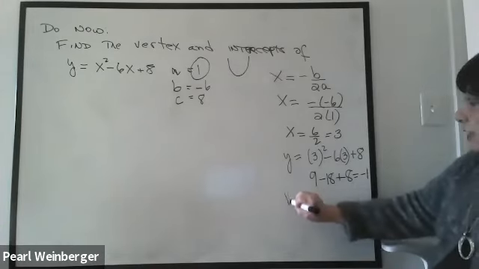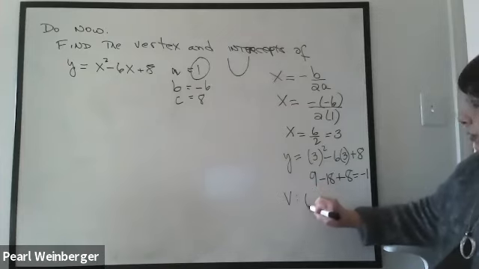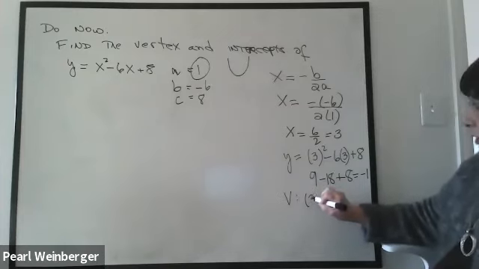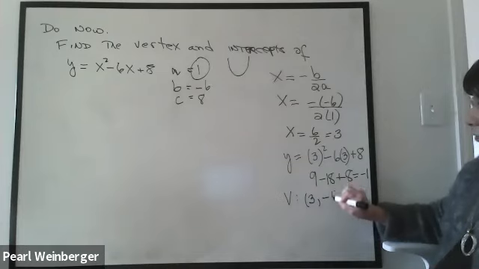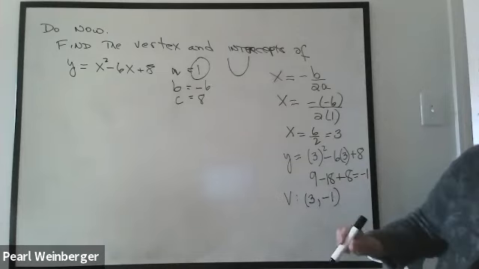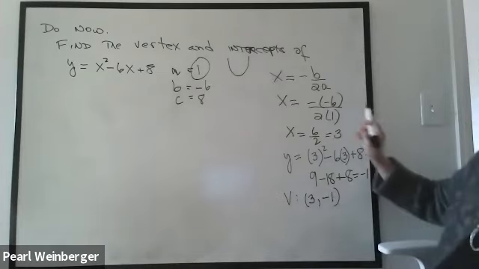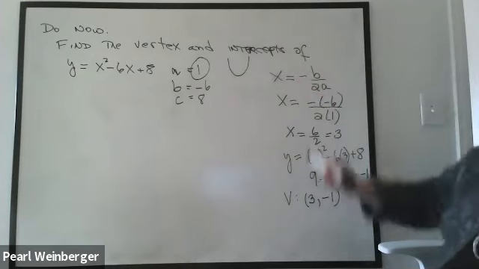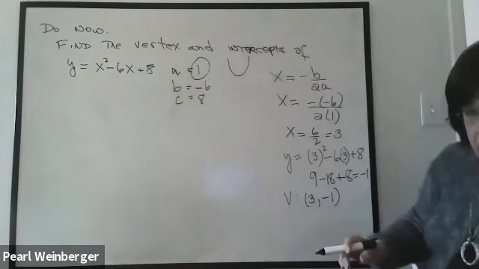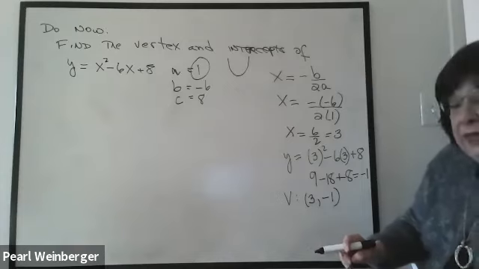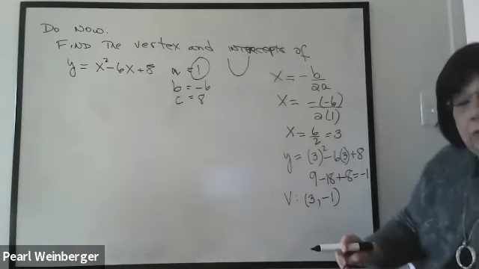So the vertex happens to be the point 3, -1. So in order to find the vertex, all we have to know is this formula, x equals -b over 2a, and then stick it into the equation.